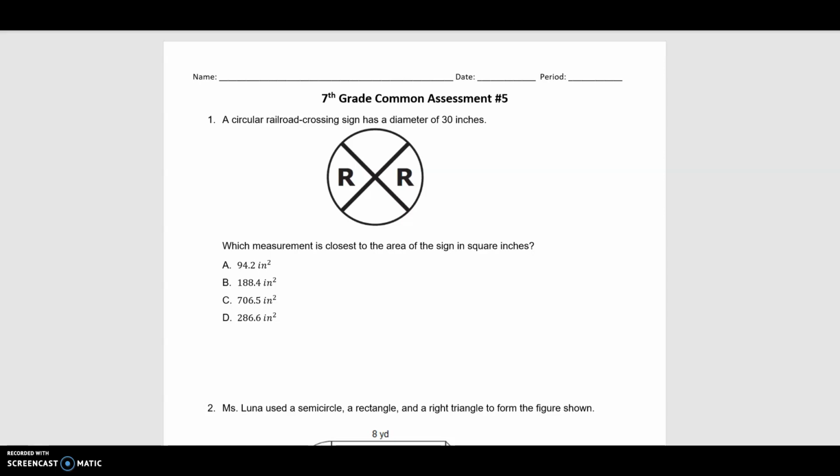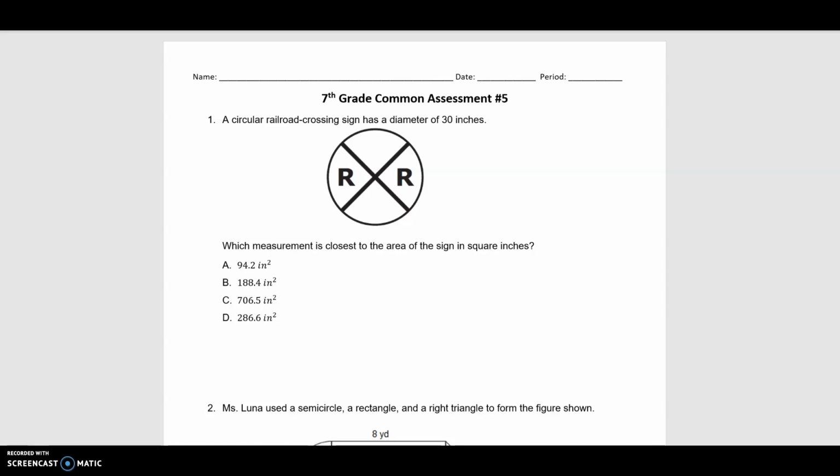If the appropriate or correct work is not on your paper, then you will need to correct your work. We're not just going to skip it just because we got the answer correct. All right, let's get started with number 1.